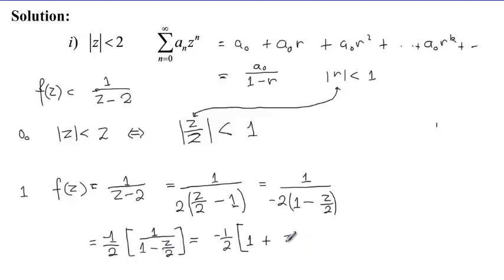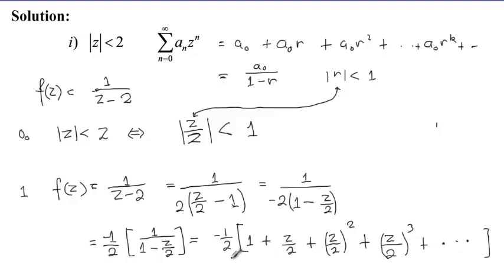Then we write z over 2 plus 1, which is our a0, times z over 2 to the power 2 plus 1 times z over 2 to the power 3 plus and so on, and then you can close the brackets there.